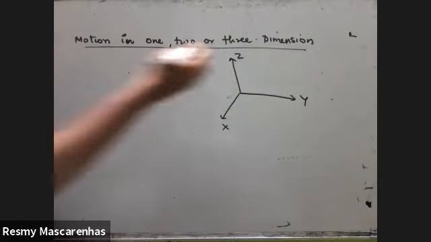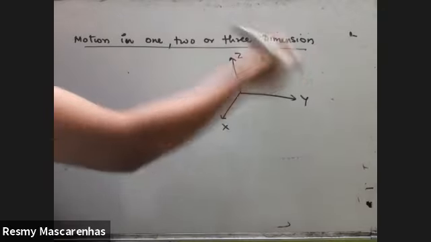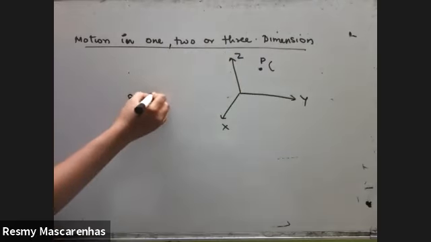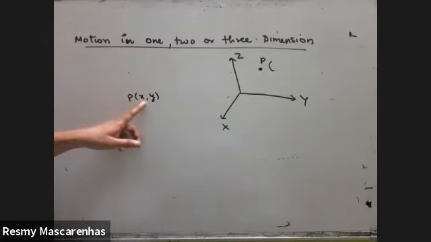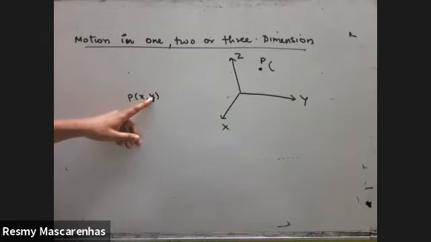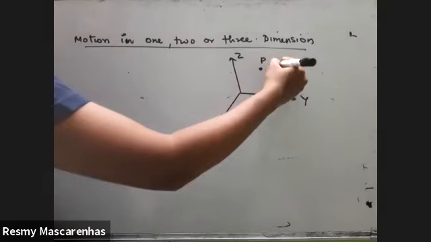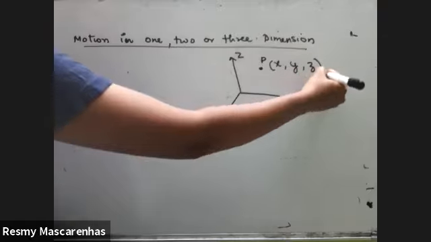Now consider any point in space. While plotting a graph, you always have just x and y coordinates. Now in three dimensions you would have x, y and z.